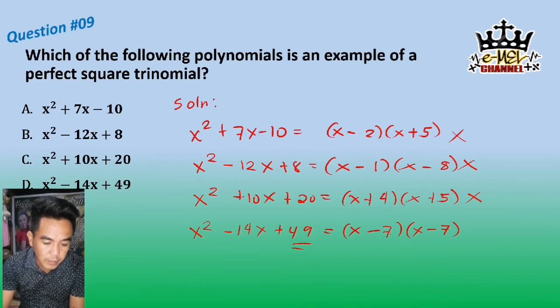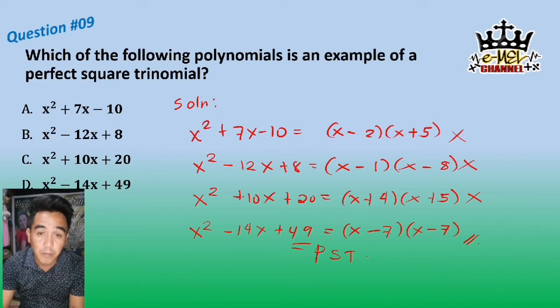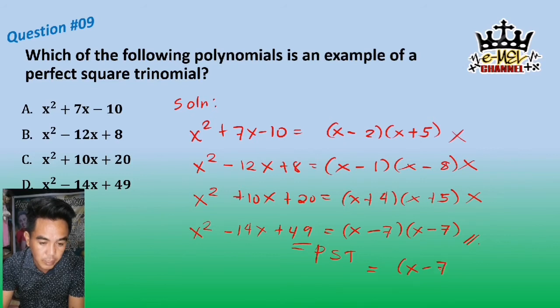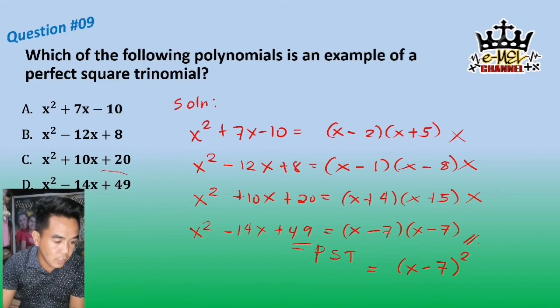Okay, we know that 7 times 7 is 49, and 7 plus 7 is 14. Therefore, letter D option is what we call a PST, perfect square trinomial. And it can also be expressed as x minus 7 to the power of 2. In short, the answer is letter D.